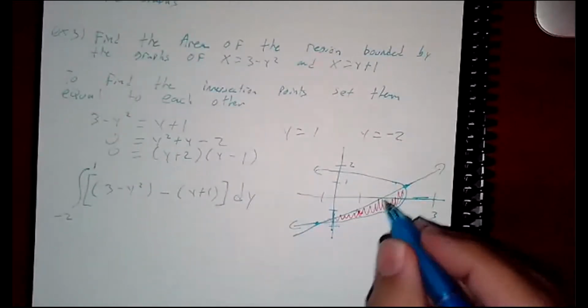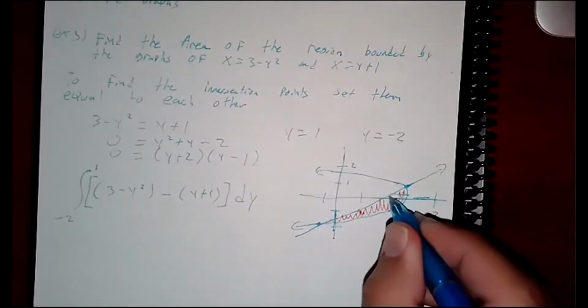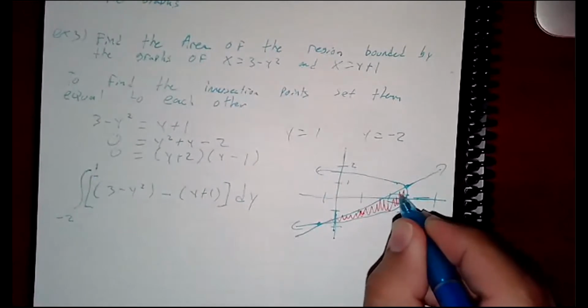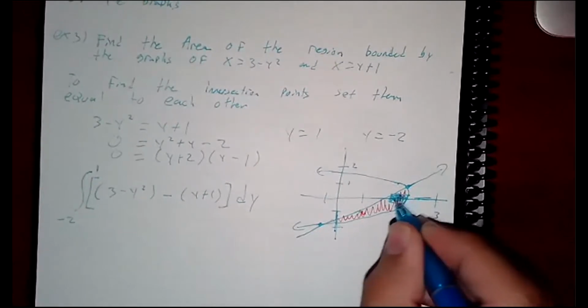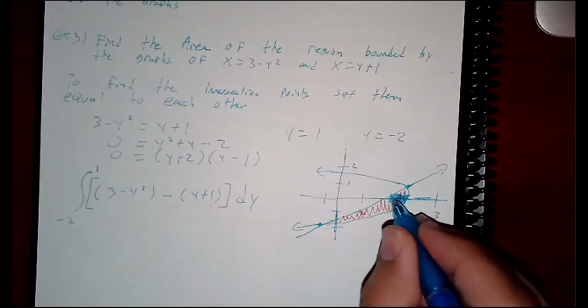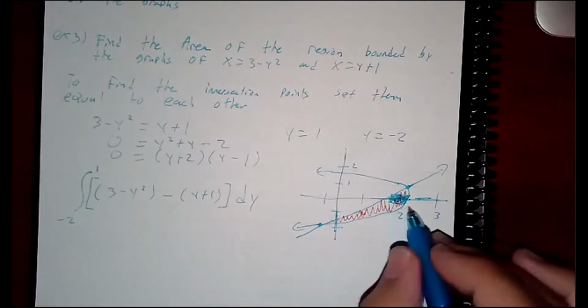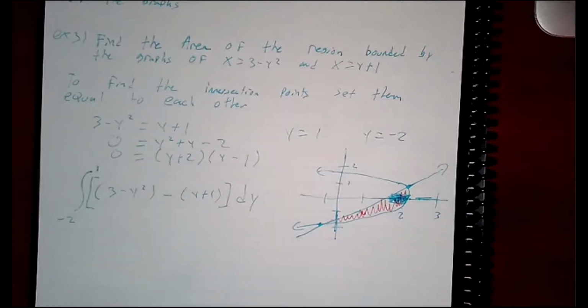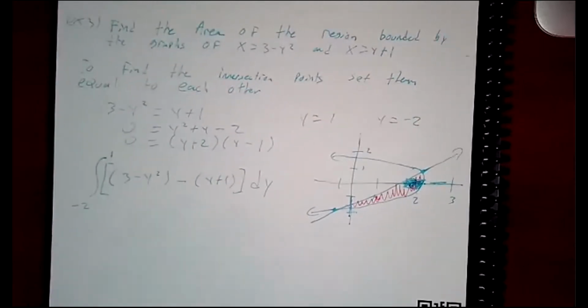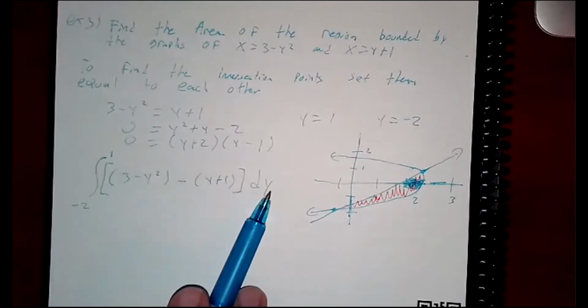So we draw the horizontal rectangle, right? Right minus left, right minus left. So I'm going to draw infinite horizontal rectangles. That's why everything needs to be in terms of y.